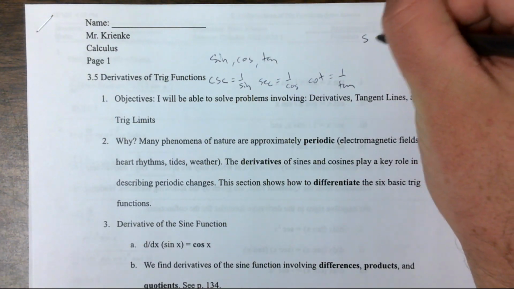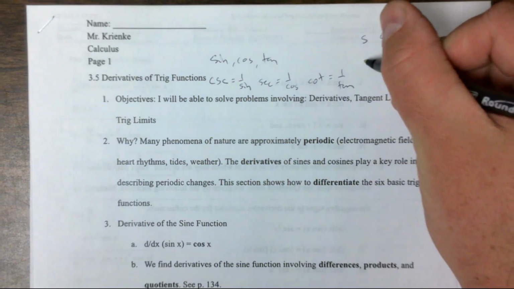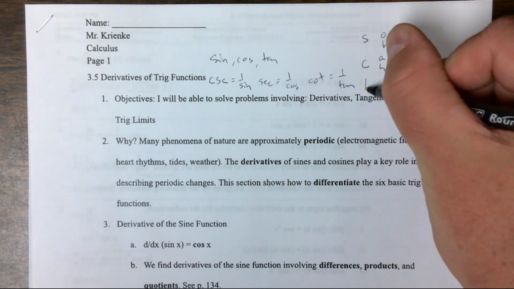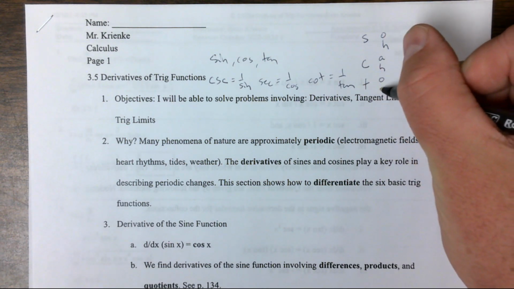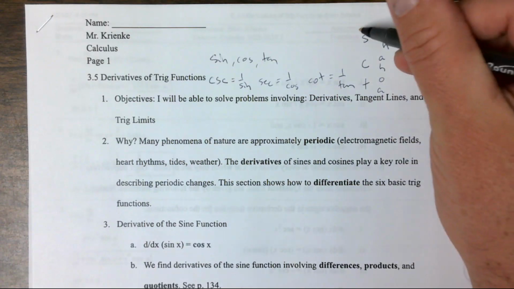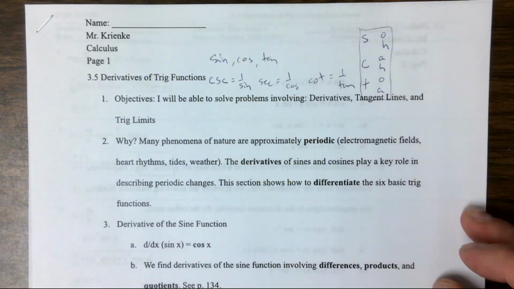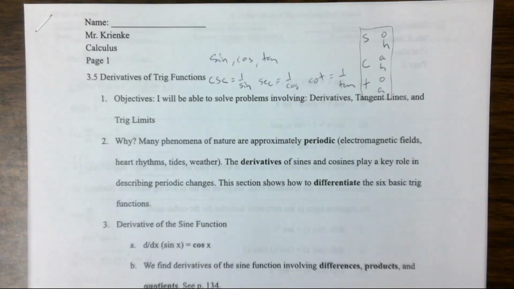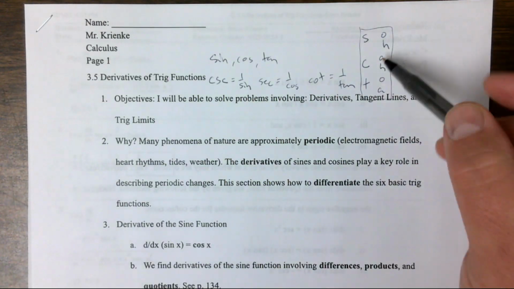Sine is opposite over hypotenuse. Cosine is adjacent over hypotenuse. And tangent is opposite over adjacent. So that's your SOHCAHTOA. Now what we're doing is not having to do with triangles, it's doing derivatives. But that's a refresher.